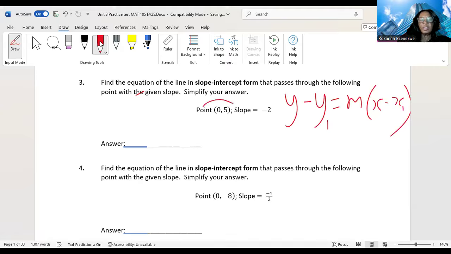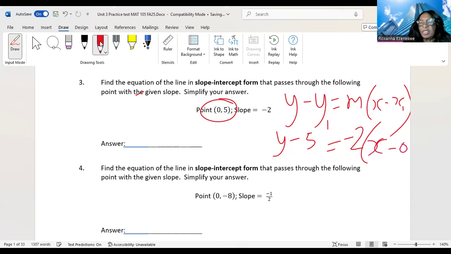I'm going to call this point x1, y1. There's no other point there, so it can as well be x1, y1. Then I'll plug it into the equation. So I have y minus 5 is equal to the slope, negative 2, given to me here, times x minus 0. X minus 0 is x.